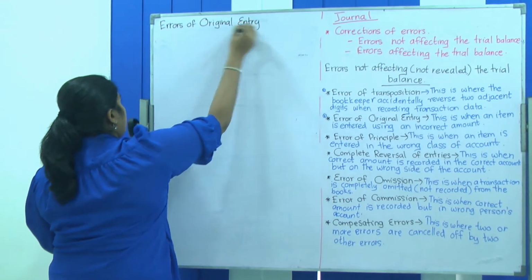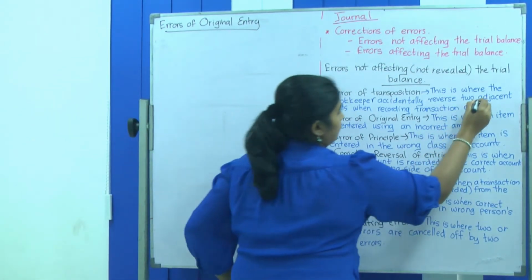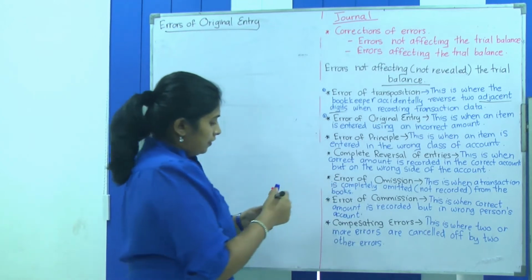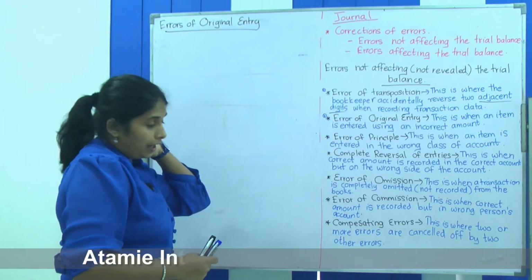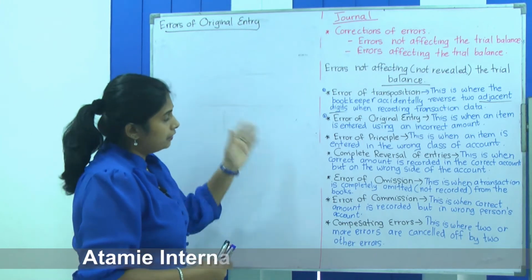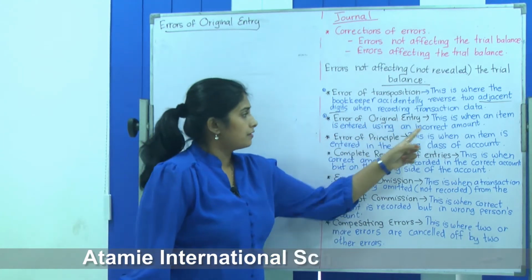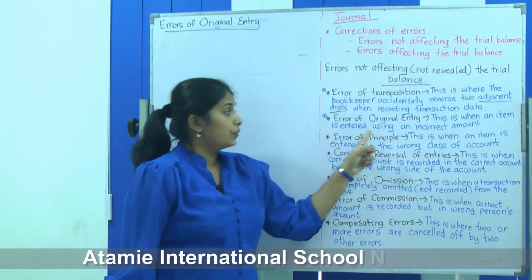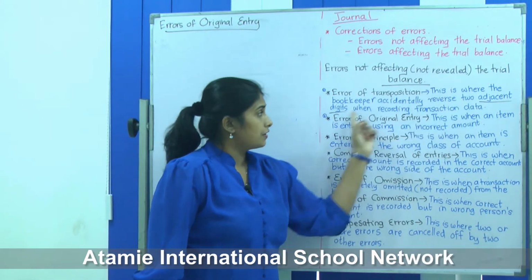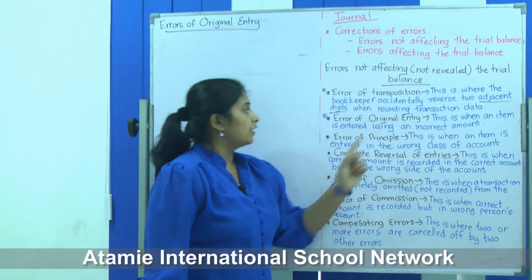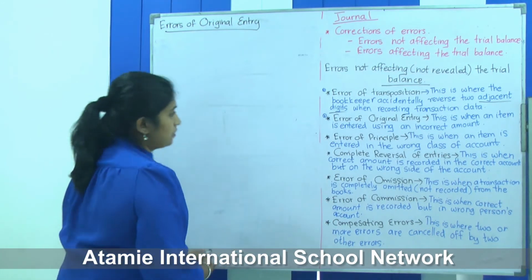This is also like errors of transposition, but here the amount can be less than the correct actual amount, or it can be larger than the correct actual amount. The error of original entry is when an item is entered using an incorrect amount. In transposition the adjacent digits were reversed, but in errors of original entry you record the incorrect amount.